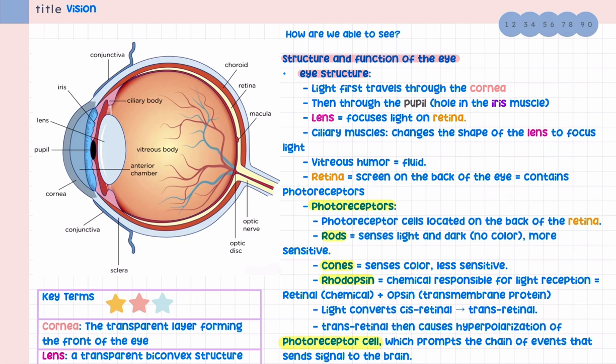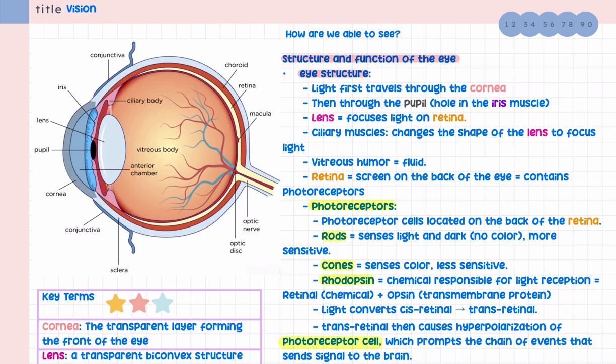Now, rods are especially helpful for us when we are trying to see in the dark because they sense light and dark, nothing to do with color. But cones, however, sense color. I like to think about the fact that color starts with the letters CO, and cones also start with the letters CO.